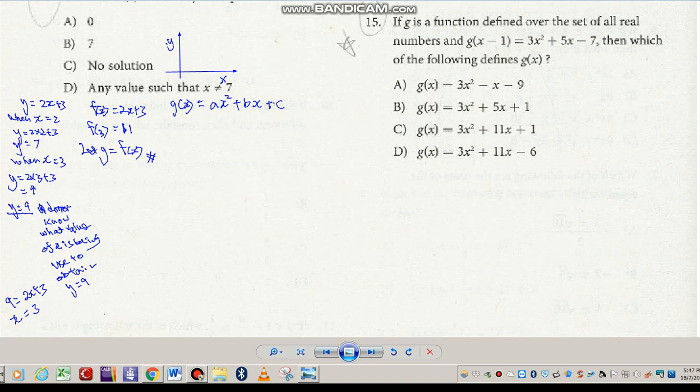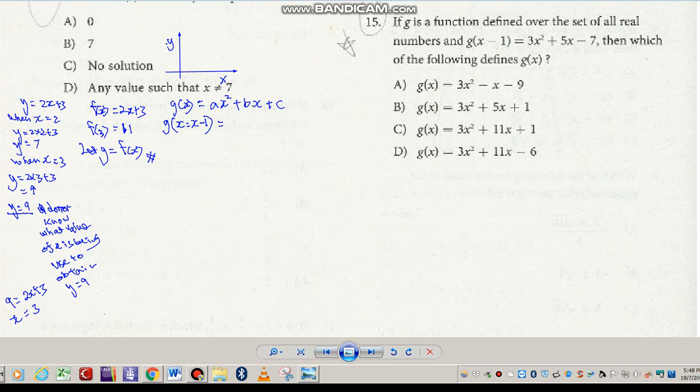I want to find out a, b, c so that I can select which is the answer. Now g, when x, no value given for x yet, so this is the function. What happens if I write g when x is equal to x minus 1?